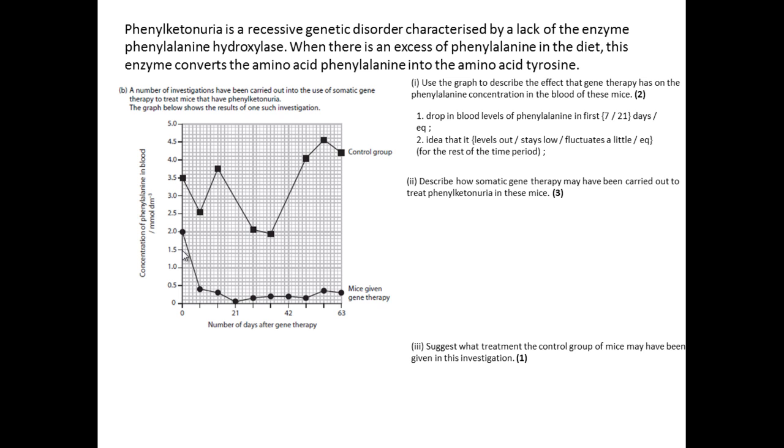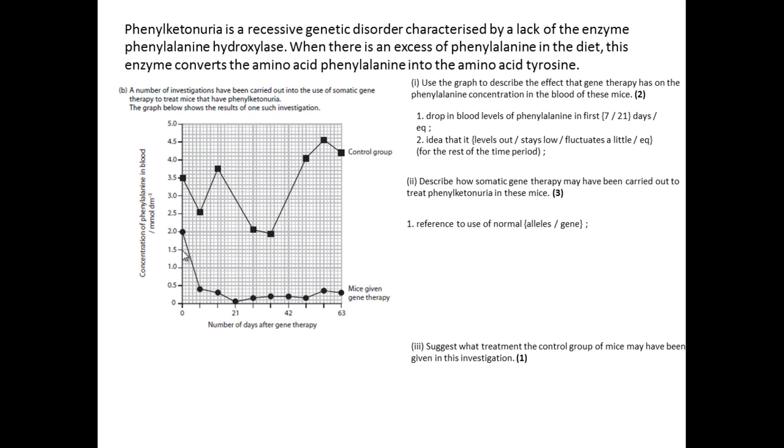Part 2, describe how somatic gene therapy may have been carried out to treat the phenylketonuria in these mice. So, with the gene therapy, what you're doing is you're introducing the healthy allele or the healthy gene into an organism that doesn't have the healthy allele.